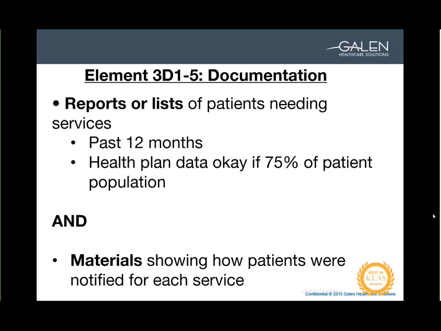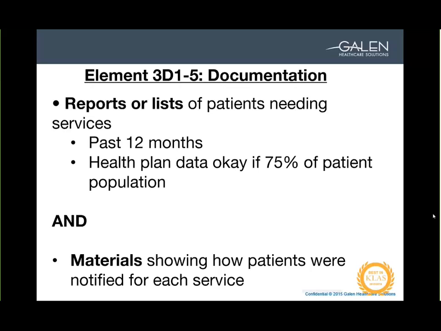Some of you capture things like HCC and define the risk value for certain populations, diabetics, heart patients, et cetera. You can use that health plan data if those patients showing on that list comprise 75% of your total population. So, you know, if I only have 25% of my population being diabetic, you're not going to be able to utilize that data. Hopefully that makes sense.